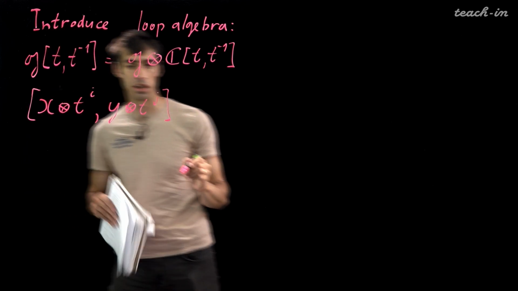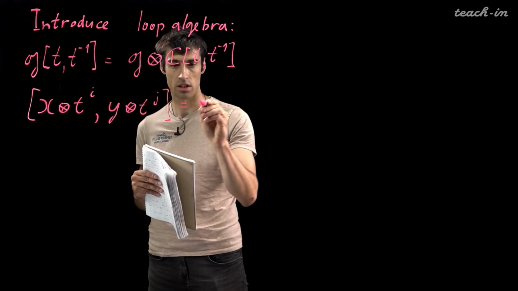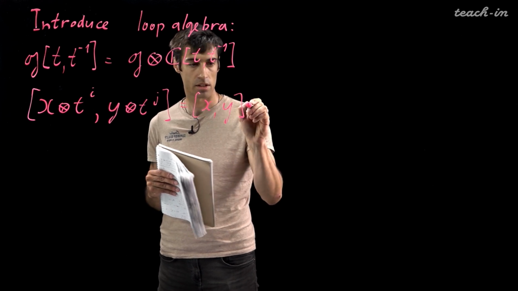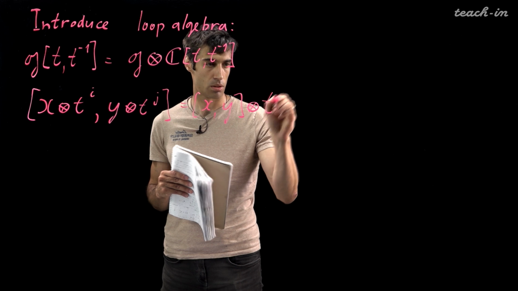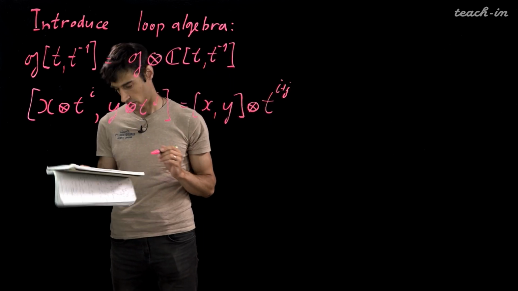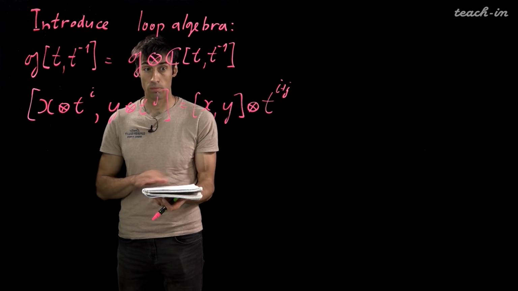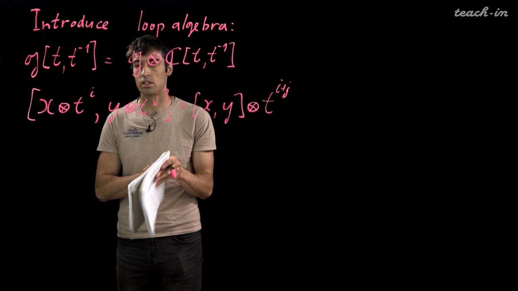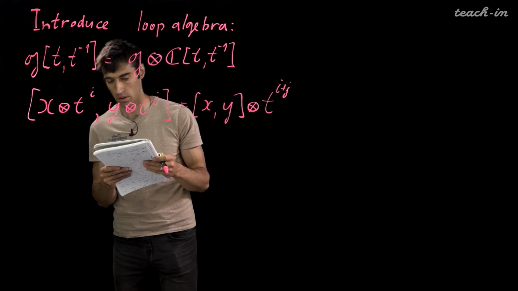We say the commutator is pointwise. So I just take the bracket of x and y, tensor it with t to the power i plus j. So this is my definition of loop algebra. It's an easy check that it is actually a Lie algebra, and this bracket satisfies all the needed properties.